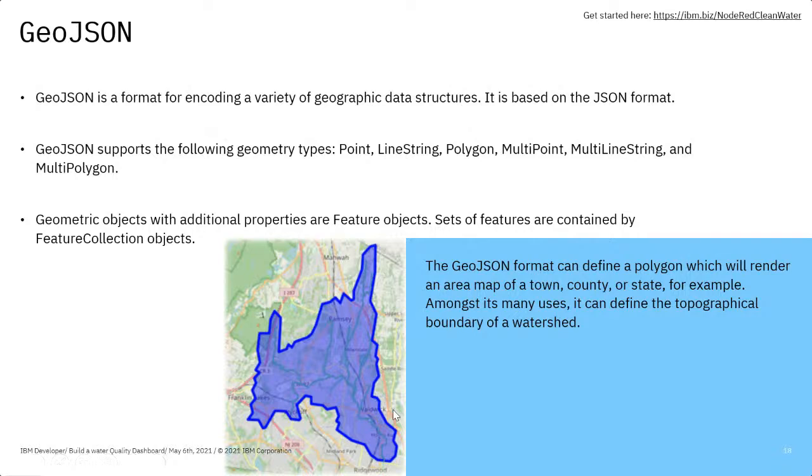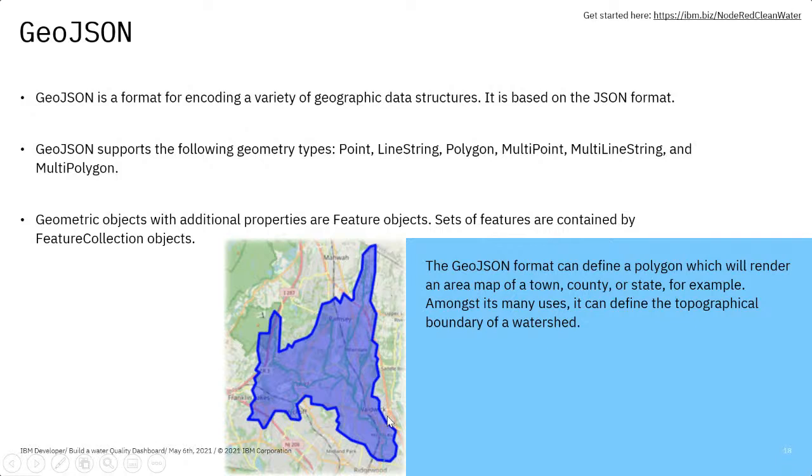Why are we doing it? Amongst its many uses, it can define the topographical boundary of a watershed. So probably this might be a place which has less water or is in danger of having a drought. GeoJSON can help us identify that area and map it out.